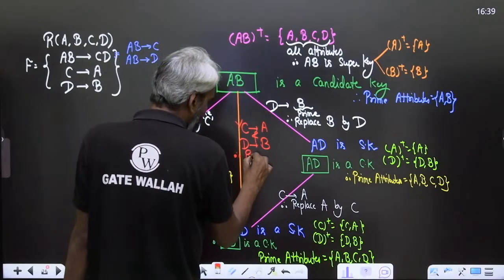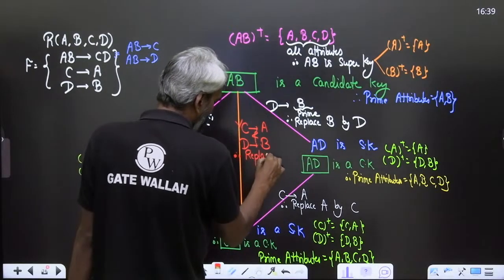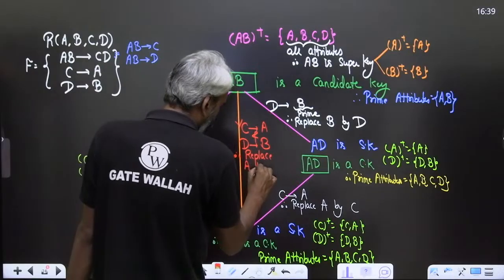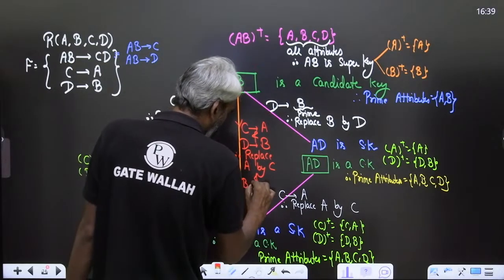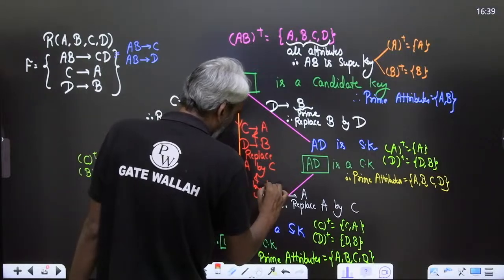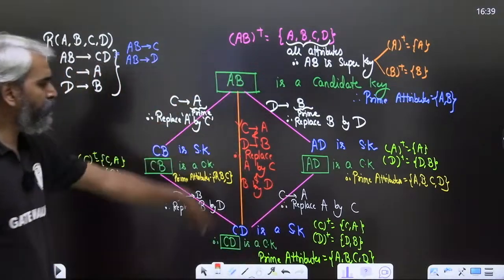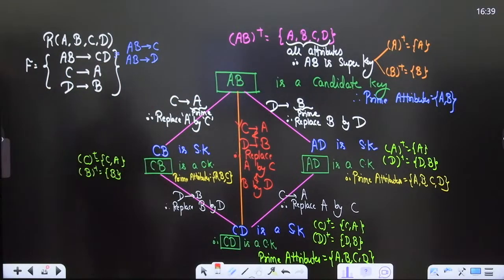Therefore, replace A by C and B by D. If you perform this replacement together, then also you will get CD. If you replace both A and B together in the candidate key AB by C and D respectively, the new candidate key that you will find is CD. Make sense?